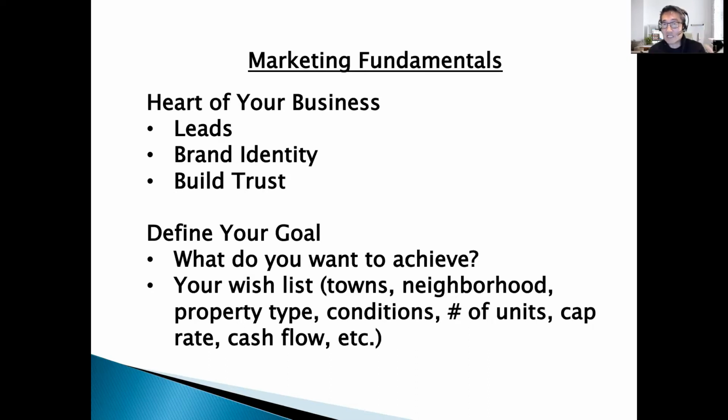That could be a financial, monetary goal. It could be the type of property. You could be doing flips, wholesaling, buy and hold, looking for commercial units, or multi-units. Having specific goals will help you determine the kind of marketing and how you're going to lay out your marketing plan, right?